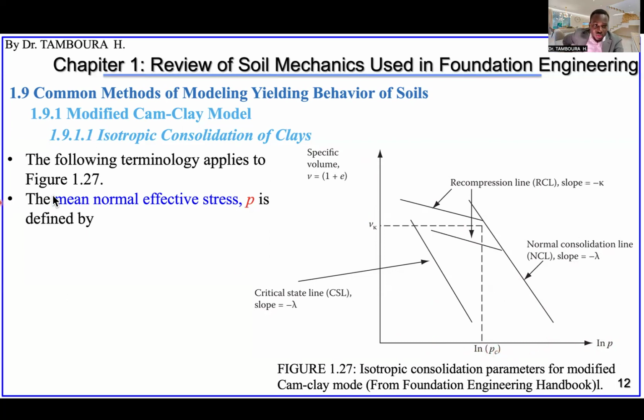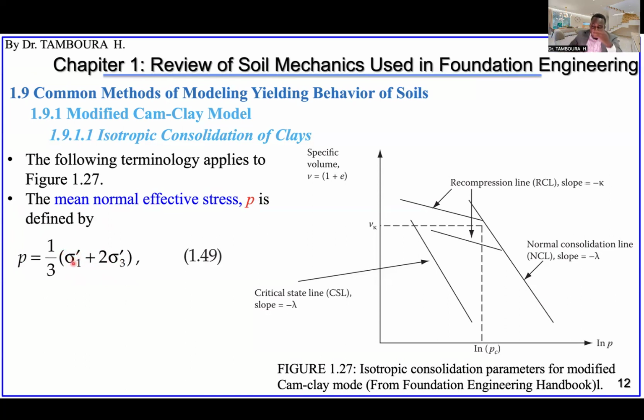Okay, so P is the mean normal effective stress, which is defined by this formula. Mean is average. So in this case, we are supposing that sigma 2 and sigma 3 are the same. So that's why we have 2 times sigma 3 prime, effective. Okay, so we have to put prime.